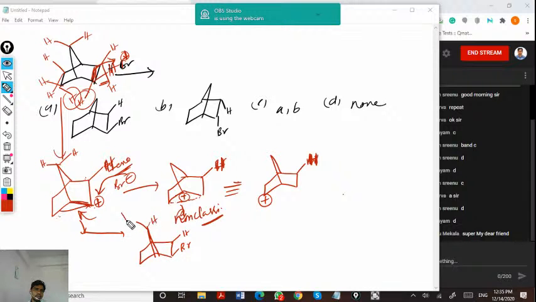This is also going to attack from the upside. If I write the hydrogens or if I don't write them, it is the same; they are present. So this could be the product.